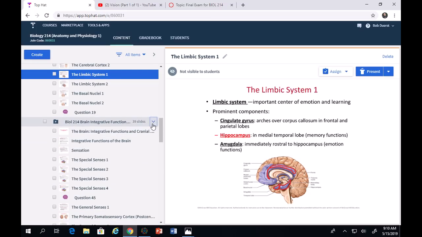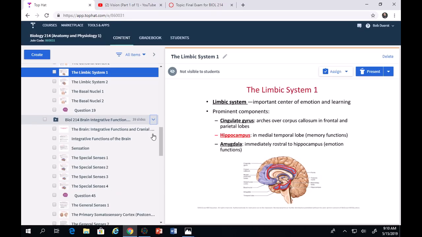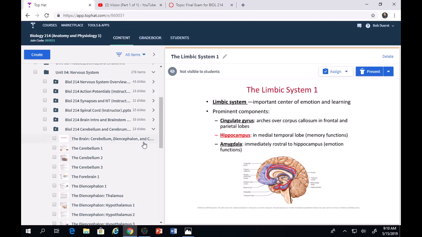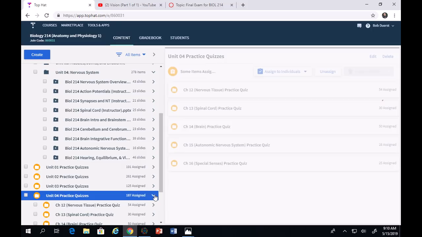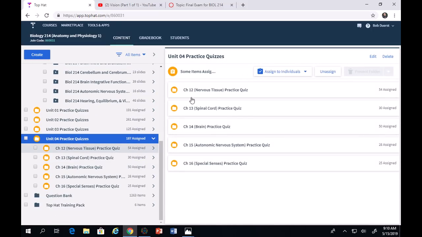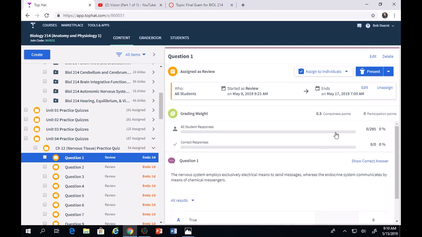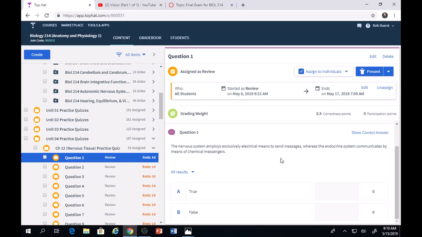Sure thing. Can I get it out? It looks like this is as big as I'm going to get it on the screen.